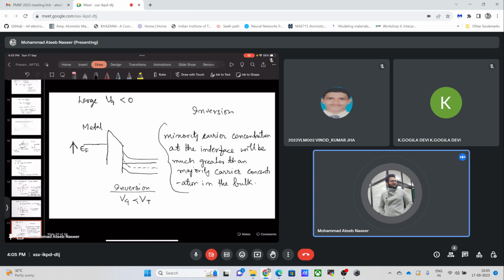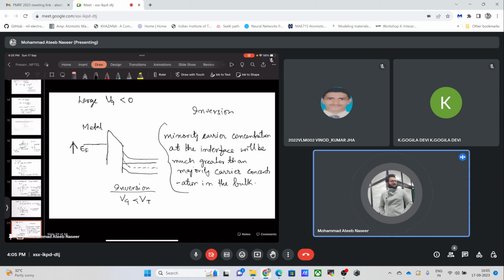Considering an ideal MOS, one would correspond to the flat band condition having phi m equal to phi s with no charges inside the oxide, and another would be Vg greater than 0, resulting in the accumulation of the carriers. In the N-type case it was the electrons, and that was the accumulation case.